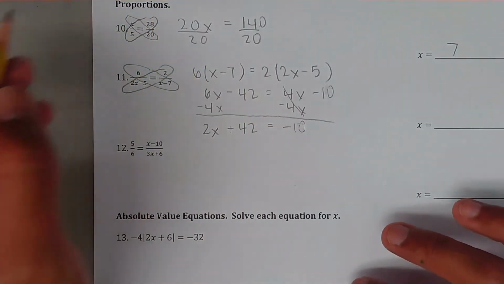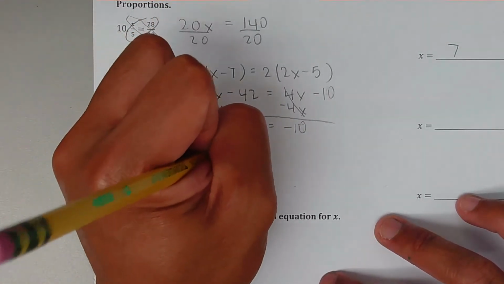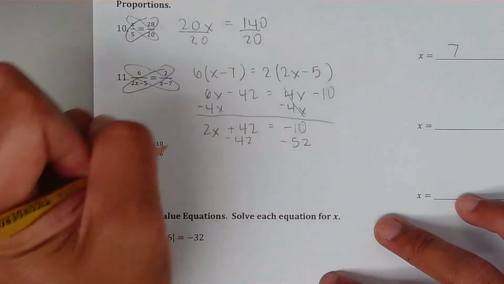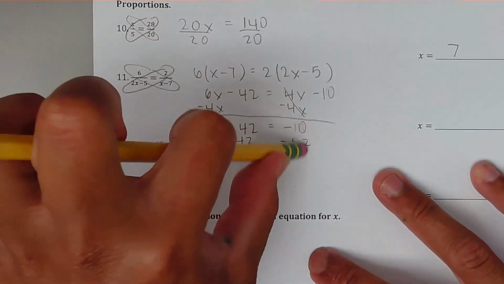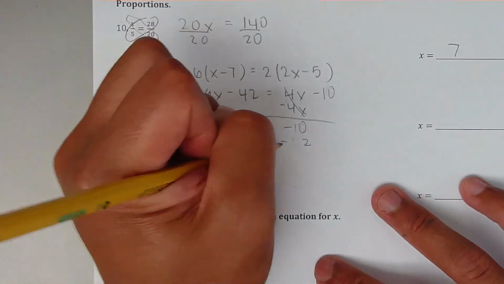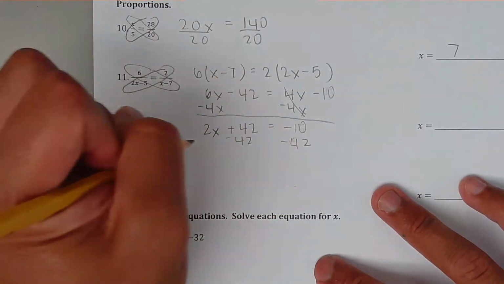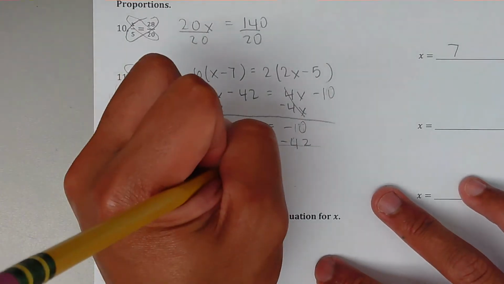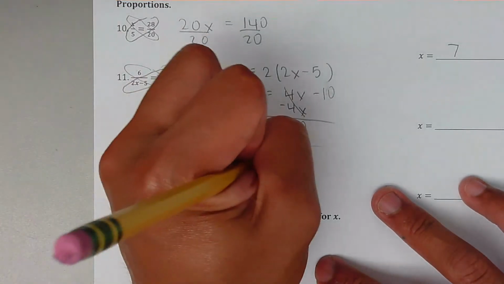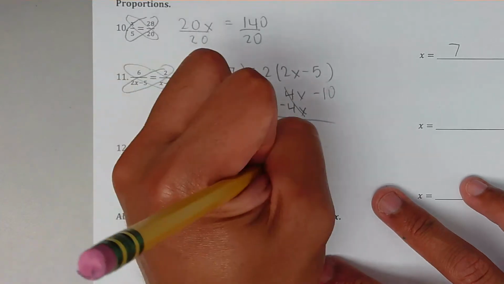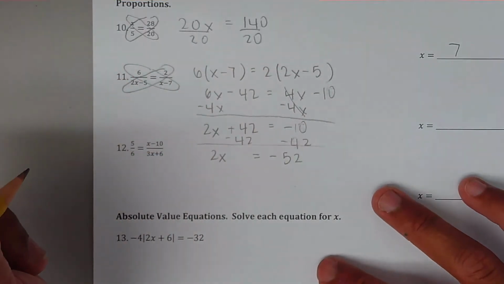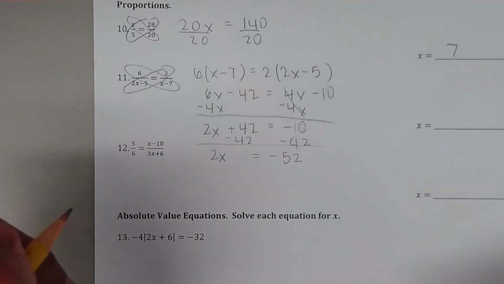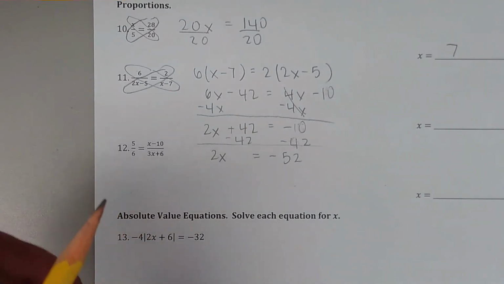Okay, subtracting 42 from both sides. 42. I was thinking ahead to 52. We get 2x is equal to negative 52. Then dividing both sides by 2.